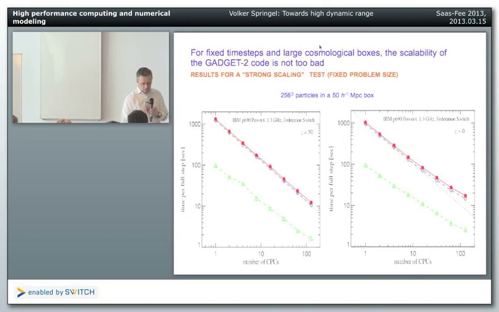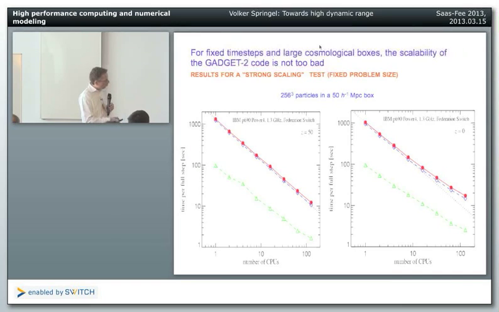And here is an example for this. This is an old test I once made for a cosmological simulation with the Gadget 2 code. This is really pathetically small by today's standard, 256 cubed. This was on an ancient machine, IBM Power 4.